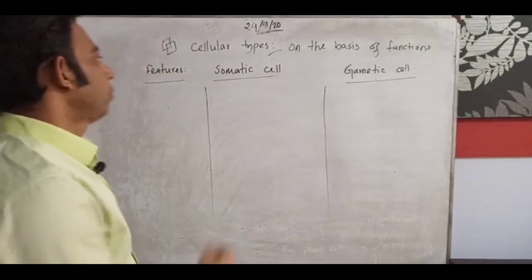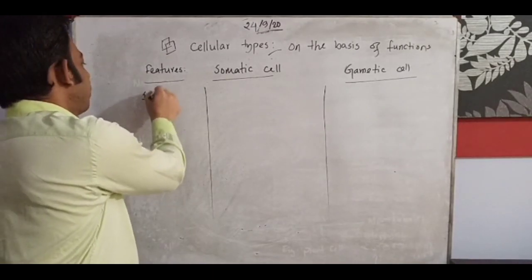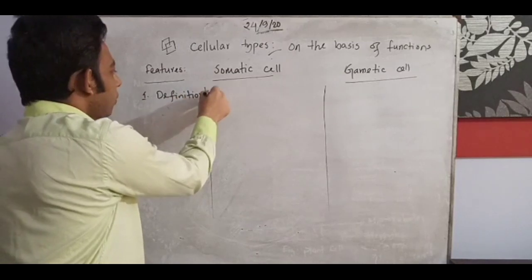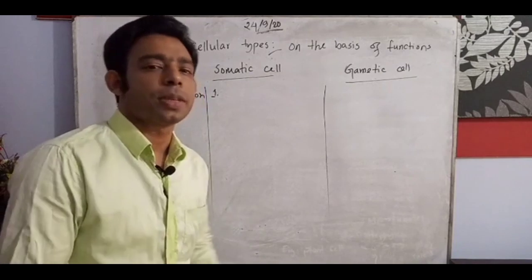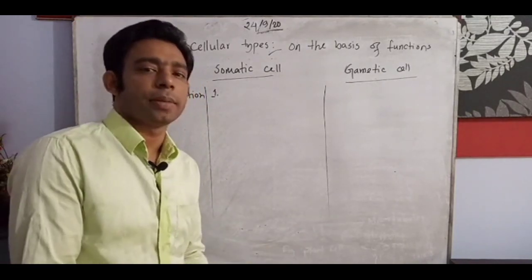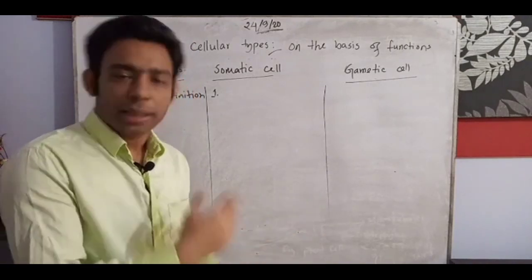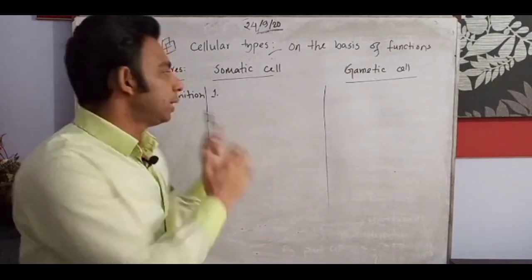First one is the definition. First feature, we write the definition. You have lots of concepts about the somatic cell and gametic cell, because in the SSC examination, or in the class 9-10 biology book, it is given there, but we will feel some variation in this case.